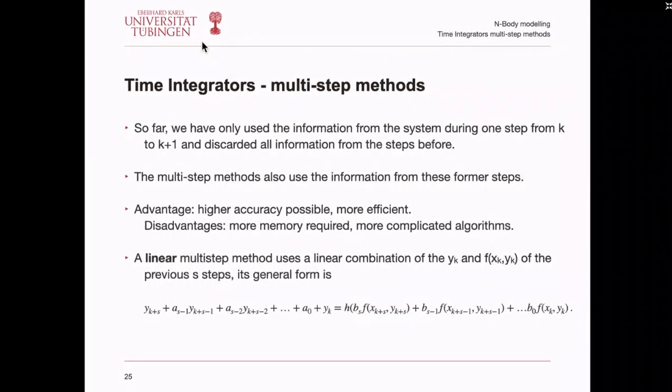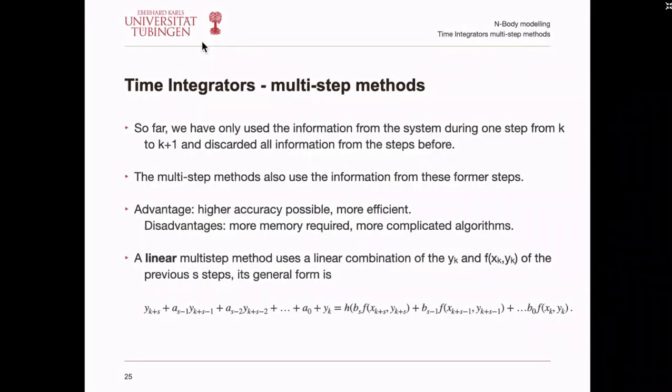There are, of course, some disadvantages. Like always, there is a backside of the medal: you need more memory to store all the information that you have gained from the steps before, and this also leads to more complicated algorithms.